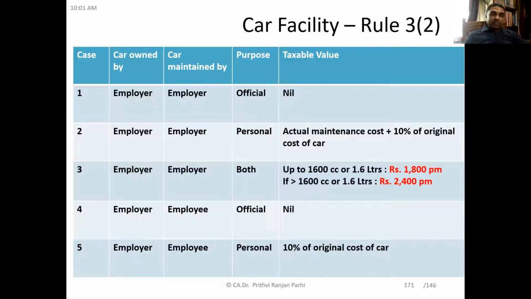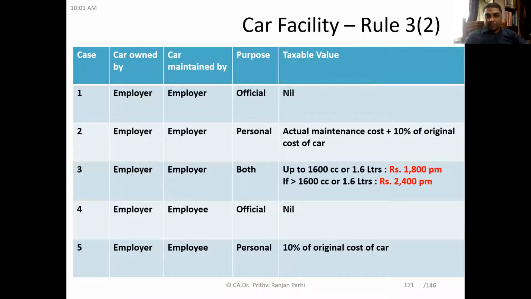Situation 4. Employer's car, employee is maintaining, but it is used for official purpose. If it is used for official purpose, it is practically not a perquisite. Taxable value is nil. Situation 5. Employer's car, employee is maintaining, used for personal purpose.